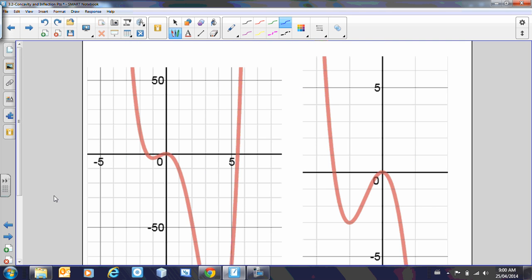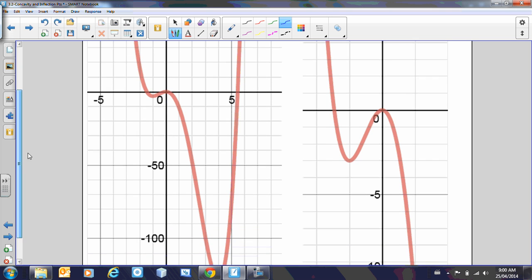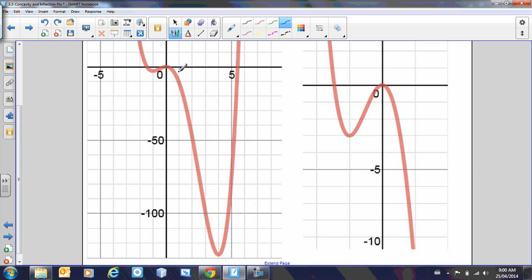So if we look at the graphs on Desmos, zoomed in, you can see it a little bit better. This is the bigger part here. It's coming down, and then somewhere in this general area, my graph is going from being concave down to being concave up. Same sort of thing here.